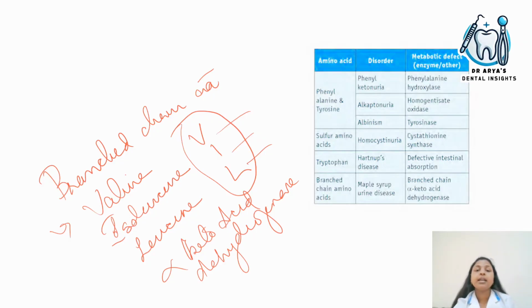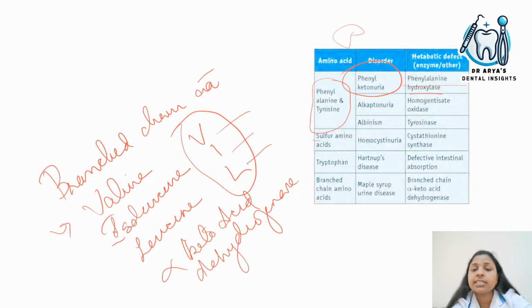Okay, and some of the other disorders, the first one is phenylketonuria. It is due to a defect in the enzyme phenylalanine hydroxylase, and the amino acids involved are phenylalanine and tyrosine.